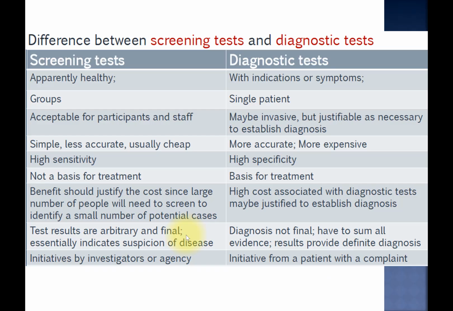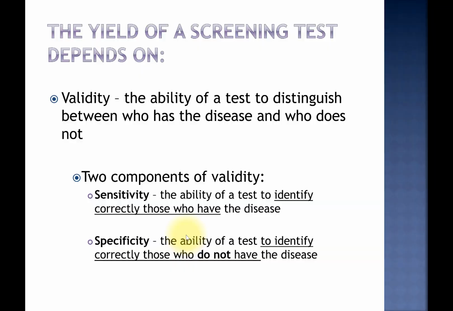In this slide, you can see side by side the differences between screening tests and diagnostic tests. I would definitely recommend that you look at this slide so you can really understand the differences between the two. In epidemiology, we have two ways of evaluating a screening or diagnostic test: sensitivity and specificity.